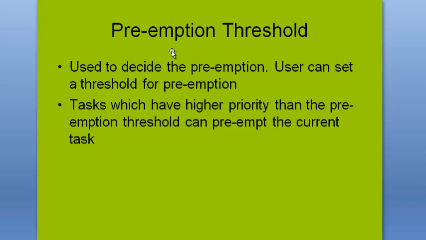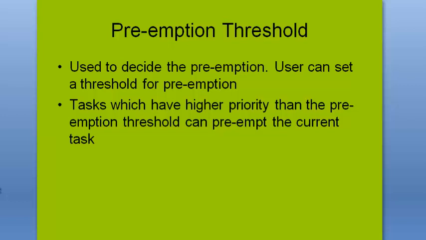Preemption threshold. Generally, preempting works like this: let us say priority 1 up to priority 10, where priority 1 is the lowest and priority 10 is the highest. Two tasks: priority 1 is running and priority 5 wants to run. Generally priority 5 is higher than priority 1, so it will preempt.